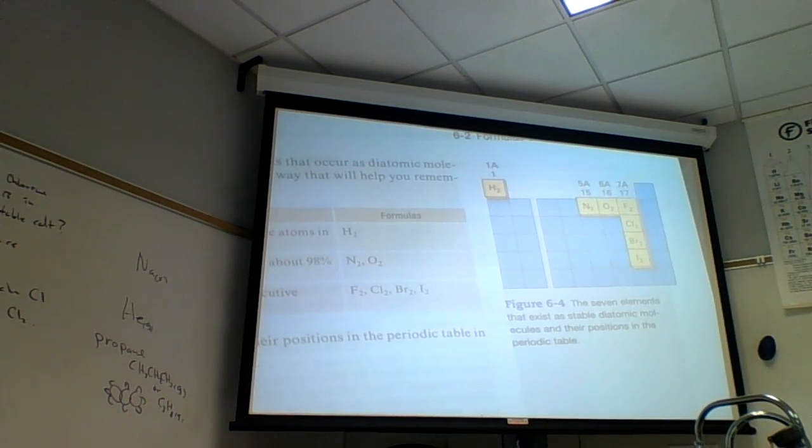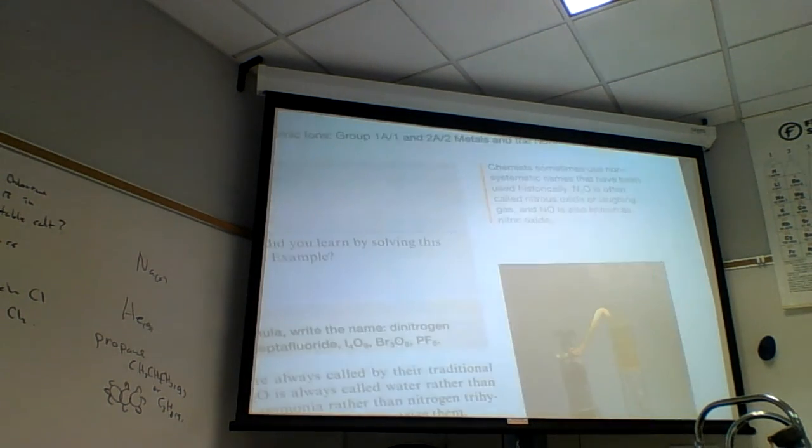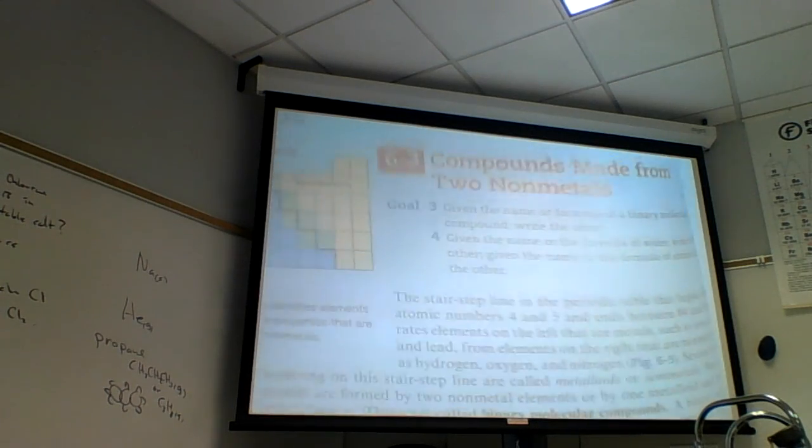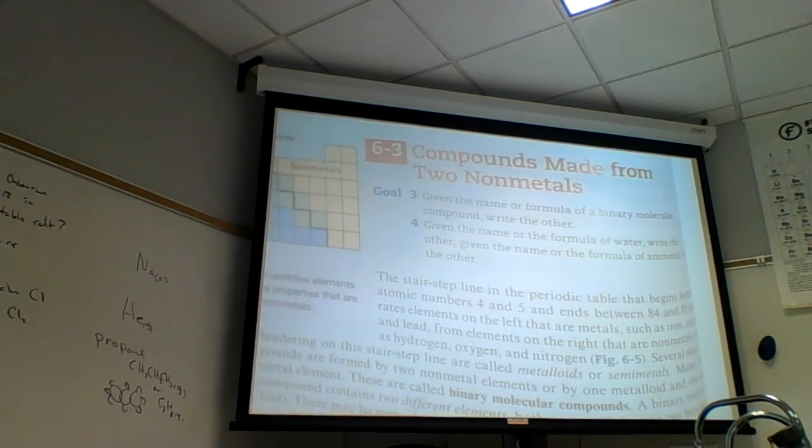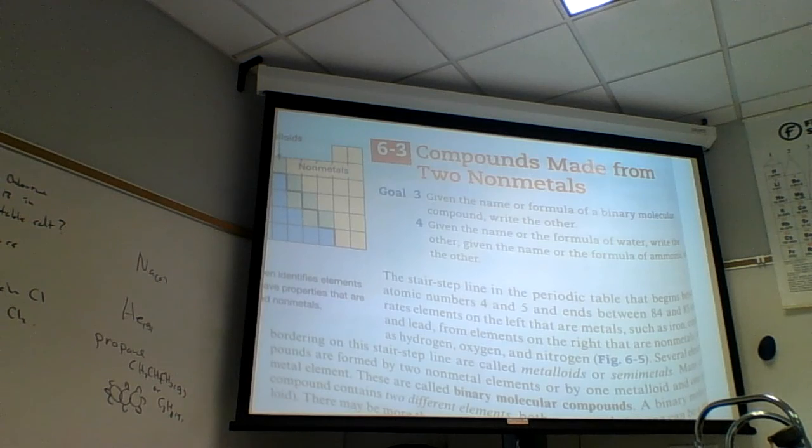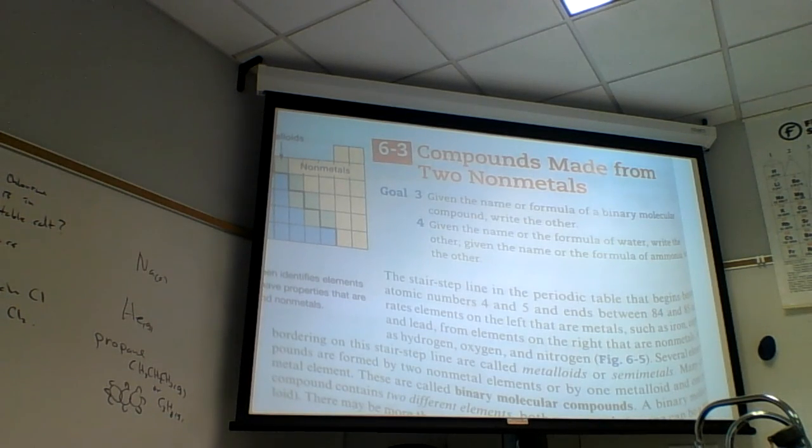Well, anyway, we talked about the 7 diatomics. Memorize that. Okay, let's skip the elements now. We're going to go to compounds. Okay, now we have different types of compounds that we deal with.